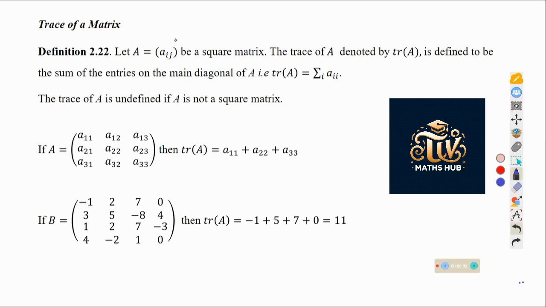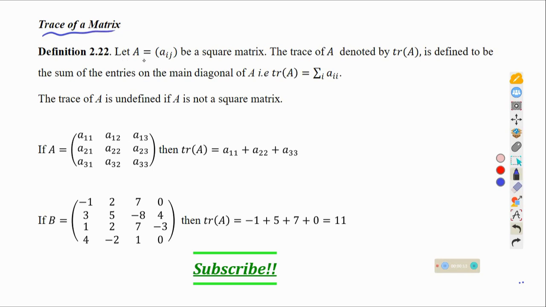Next we shall look at a definition, and this will be a definition of the trace of a matrix. So when we consider a square matrix A, then we shall be able to define the trace of this matrix, which we shall be normally denoting by tr(A).